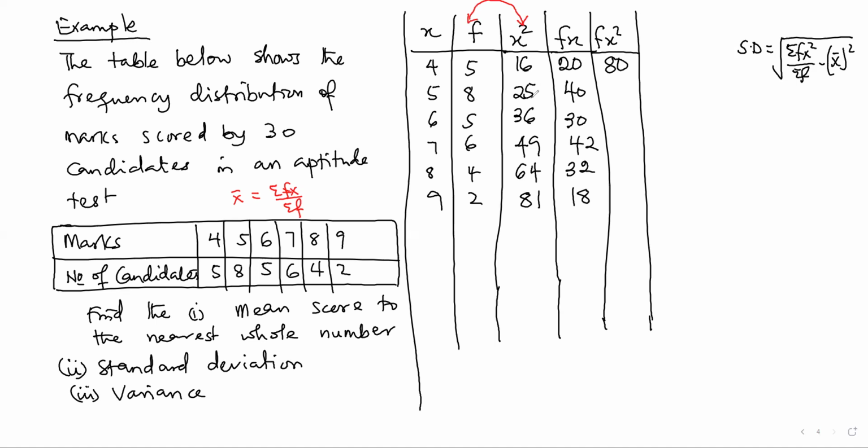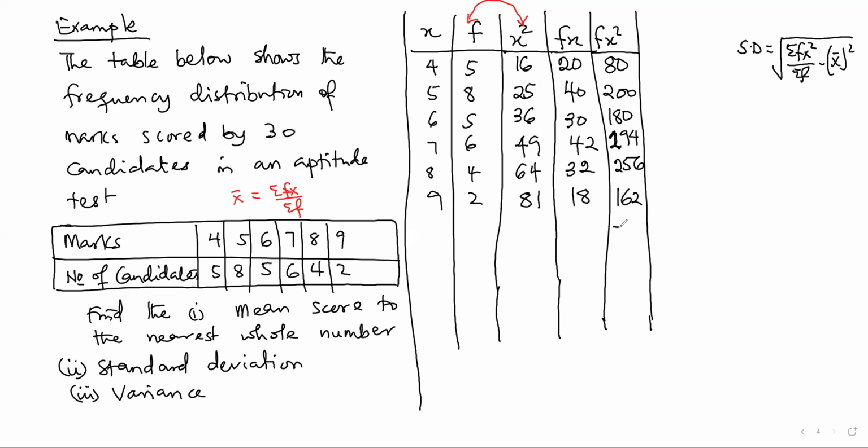We have 8 times 25, 200. 5 times 36 is 180. 6 times 49 is 294. Then we have 4 times 64, that's 256. Then 2 times 81 is 162.